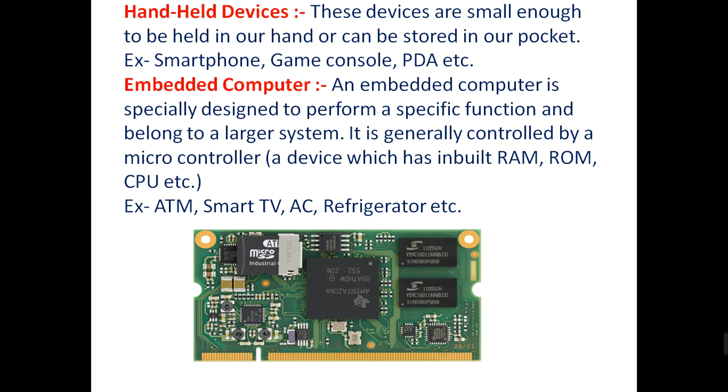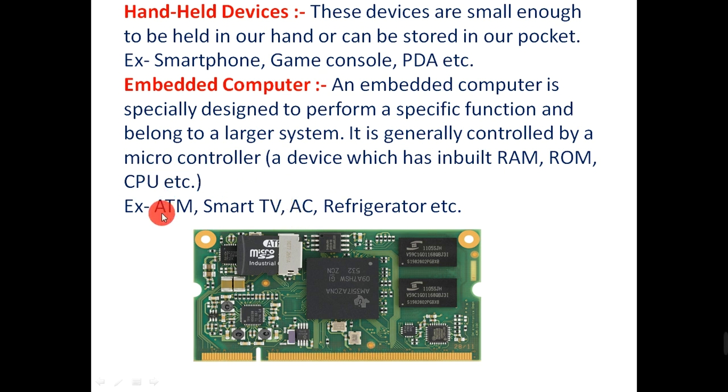So in embedded computers, there is inbuilt RAM, ROM, and CPU, and these whole things are present in a circuit called microcontroller circuit. So this is the embedded computer which is present in these devices.